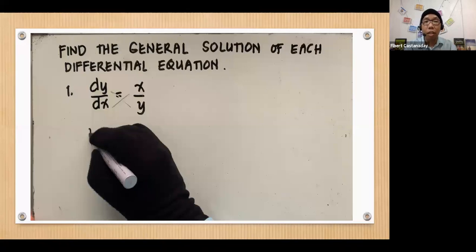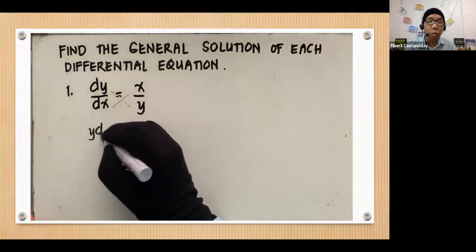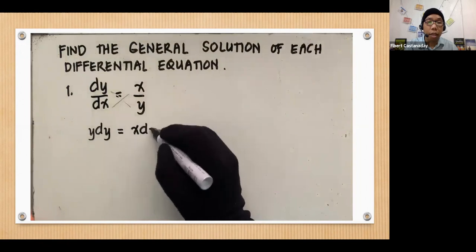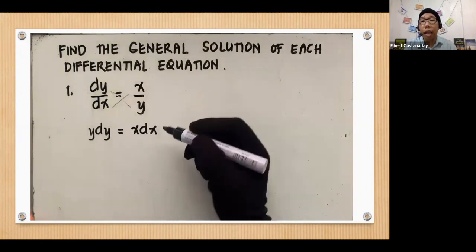Just by looking at the equation, you know you can separate the variables, so that the variable y goes with dy and the variable x goes with dx. By cross multiplication, we now have y dy equals x times dx. As you can see, the left-hand side is a pure function of y, and the right-hand side of the equation is a pure function of x.